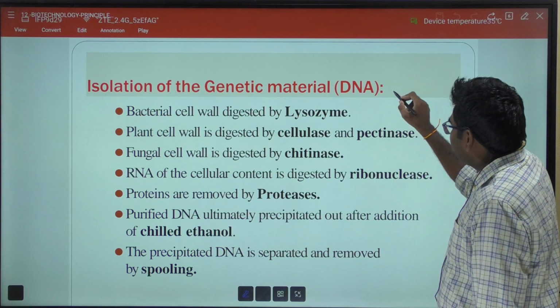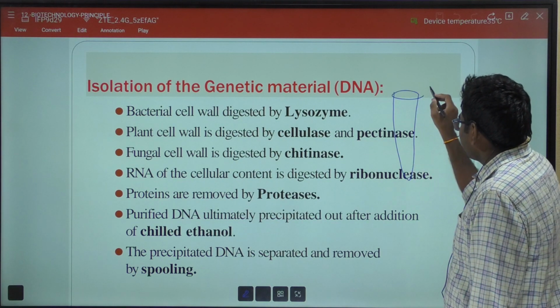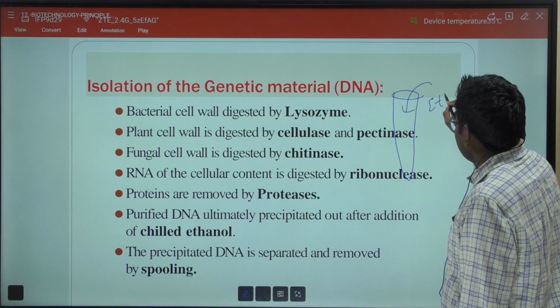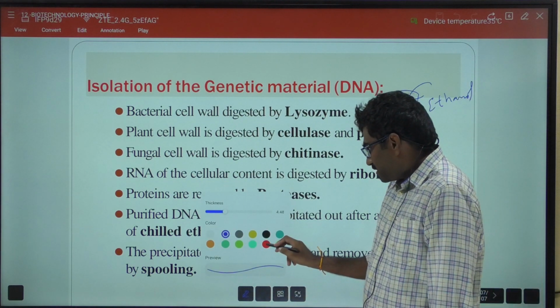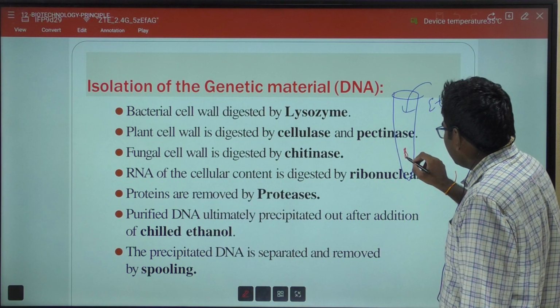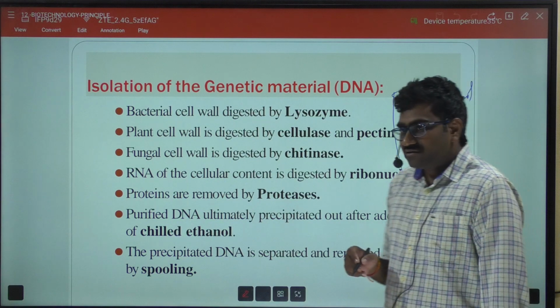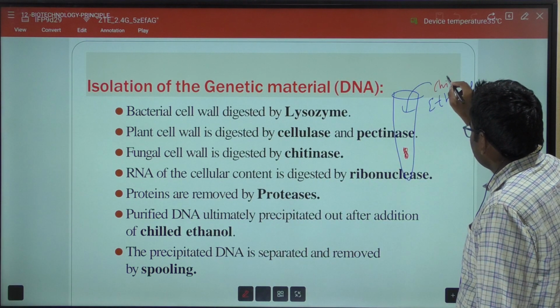addition of chilled ethanol. When we add the ethanol, the DNA gets precipitated. It is available in fine thread form.